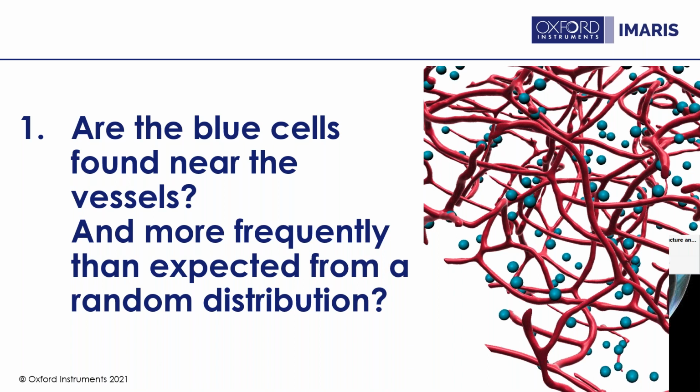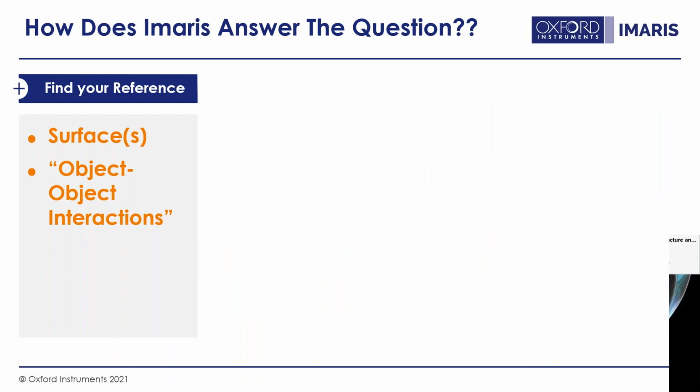If we have a reference, and in this case it's the vessels, but it could also be a tumor or different types of cells, are we seeing some sort of attraction where the blue cells in this case are found more often closer to those vessels than you would expect with a random distribution? That's a big question to ask. How is Imaris actually going in and answering that question?